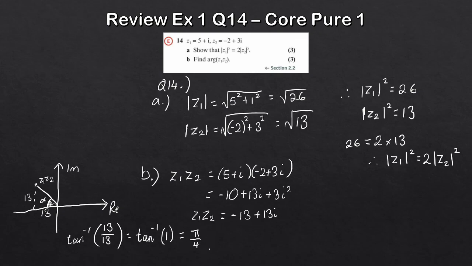I'm working in radians still, so that's pi over 4. But you're in the second quadrant here. So remember, if you're in the second quadrant, the rule is pi minus alpha. So in our case, that's pi minus pi over 4. Okay, so that'd be 4 pi over 4 minus pi over 4. So we get 3 pi over 4 there to finish with.